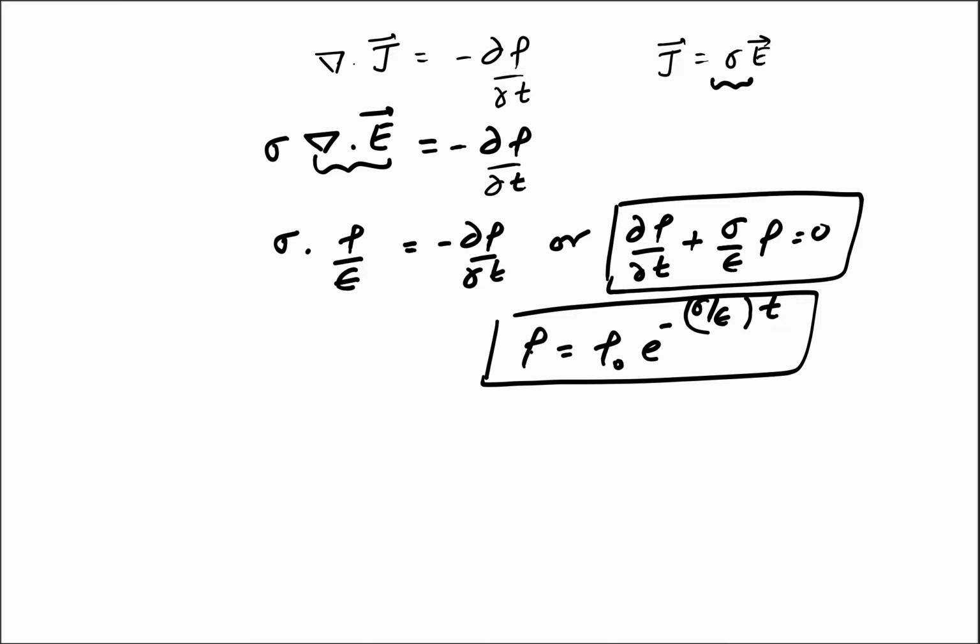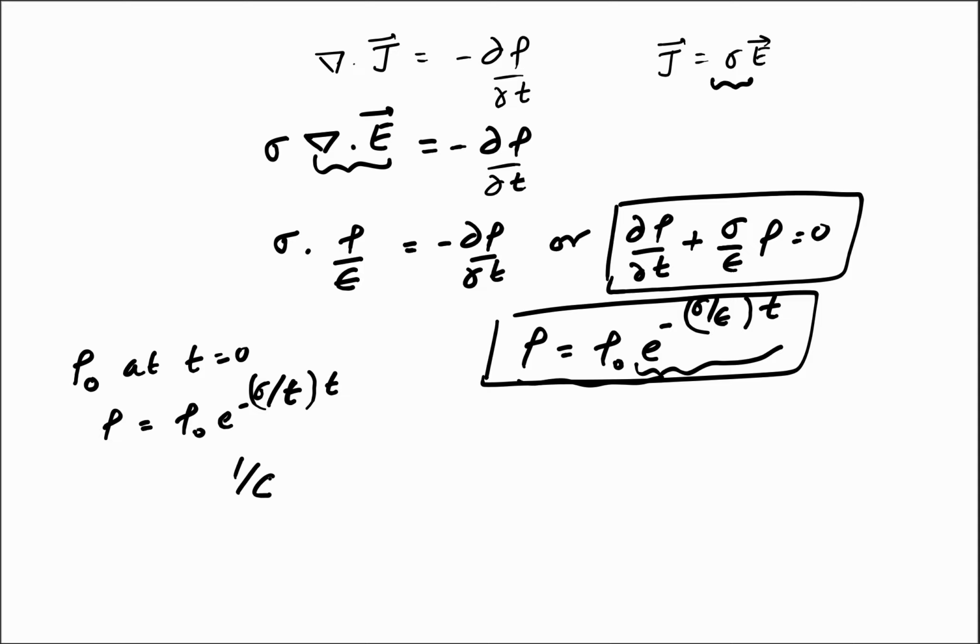Now what does it mean? It means the charge density is going to decay according to this exponential law. So even if the conductor has some charge density inside it, having a value rho naught at t equal to 0, it will decay according to this equation, and within one time period it will decay to 1 by e times its initial value.